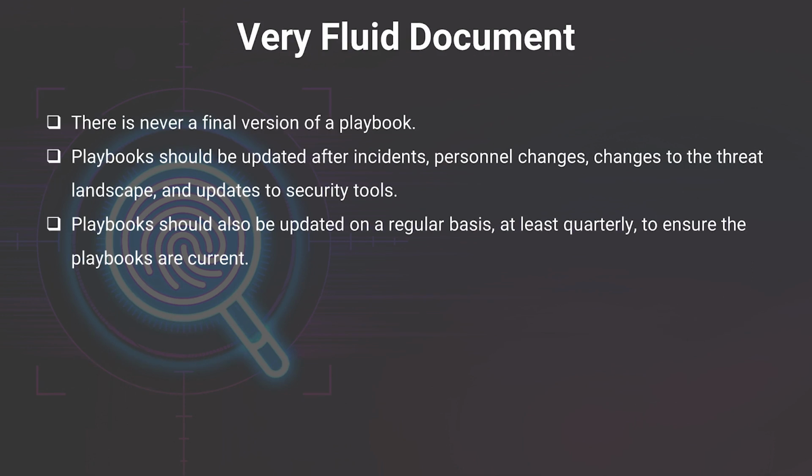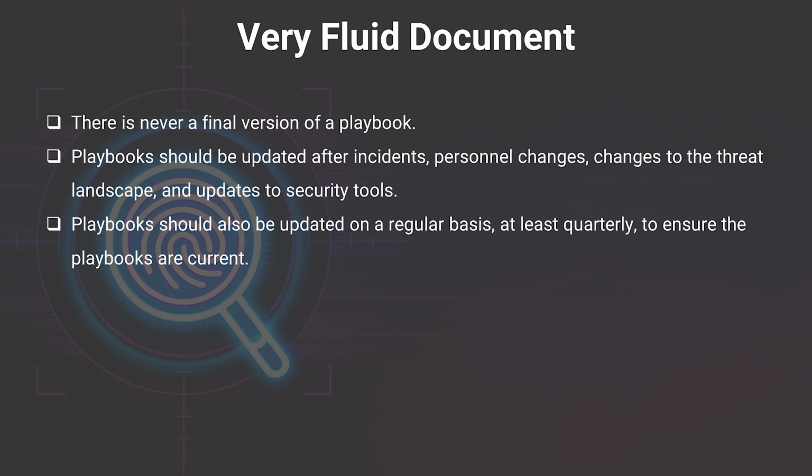So let's begin. The first thing to point out about incident response documents is there's never a final version of a playbook. Playbooks should be updated after incidents, anytime there are key personnel changes, changes to the threat landscape at your organization, and after updates to any security tools.